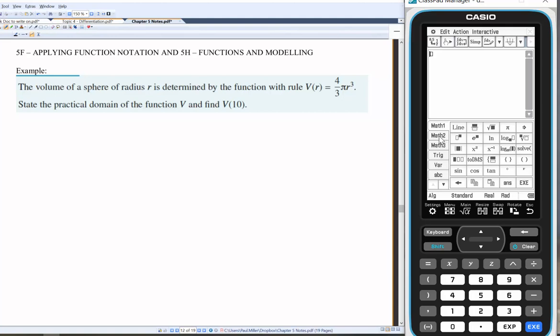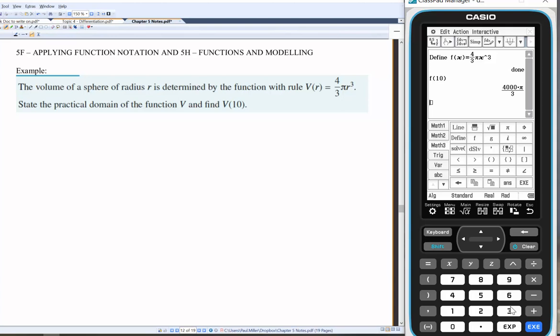Recall that to define a function, we go to math 3 and define f brackets x equals shift divide for fraction, 4 on 3, shift 0 for pi, and this is r to the power of 3, but I've used the variable x in my definition, so x power 3. So we can do f of 10 first of all.